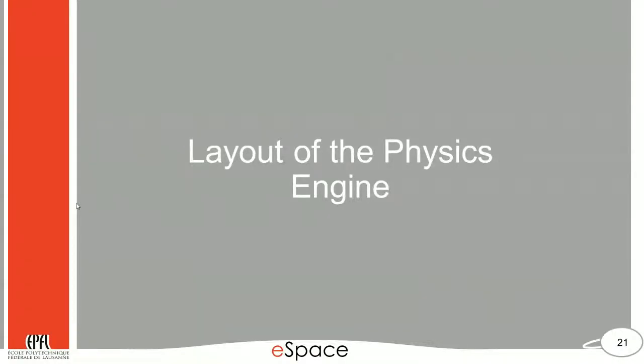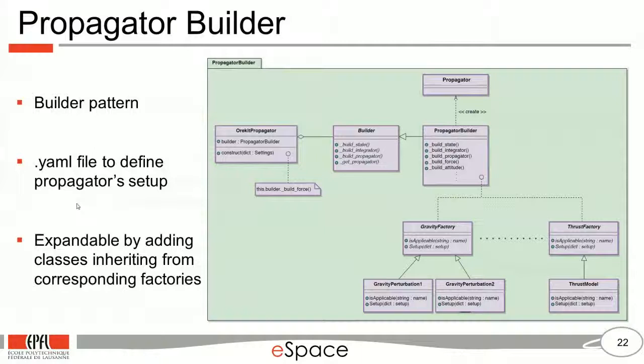So how did we go ahead with Orekit? Orekit has a lot of tools that allow you to do simulation, but we might want to add some other force models and also improve the attitude part of it. So we relied on the builder pattern to allow the generation of additional force models: gravity perturbations, thrust models, and so on.